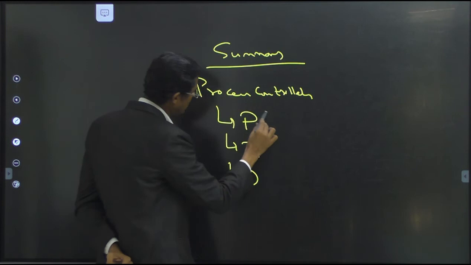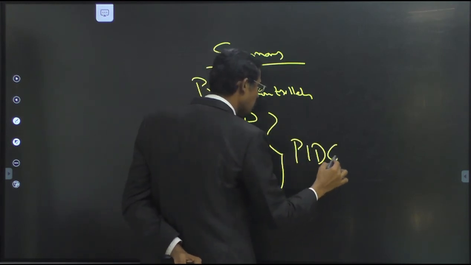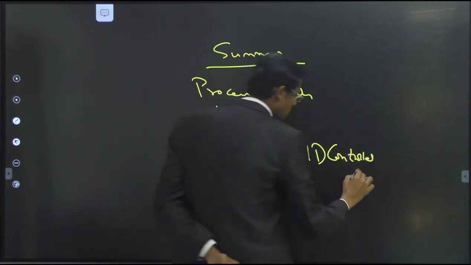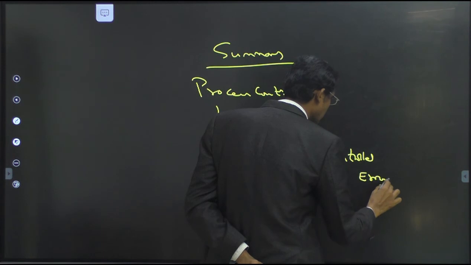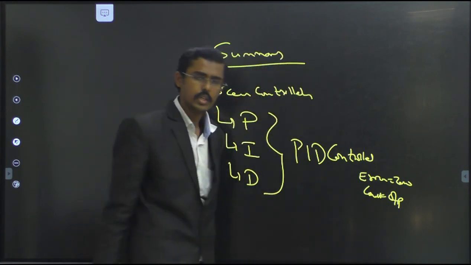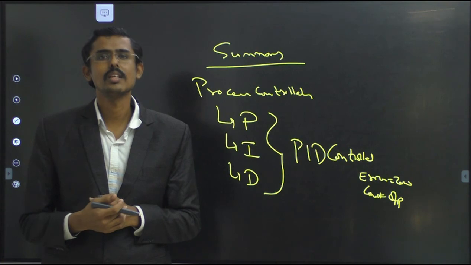We have understood these three and combined them to form a PID controller for achieving zero error and constant output. Okay. The remaining part of the subject we will see in the next session.